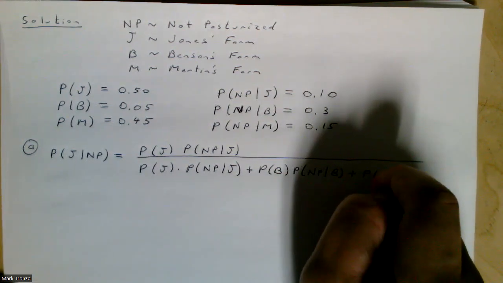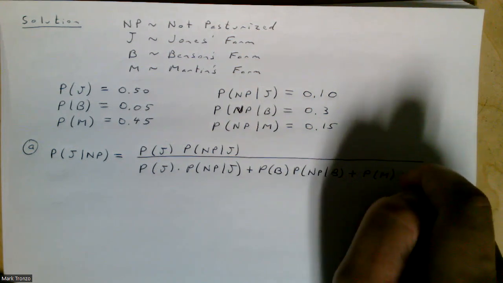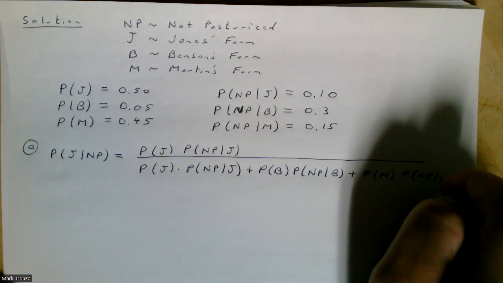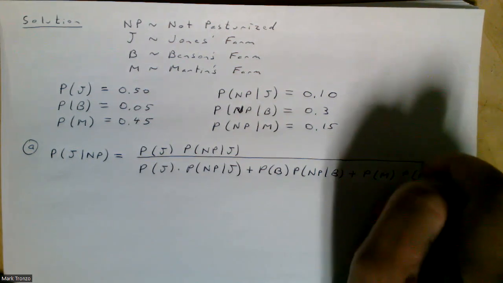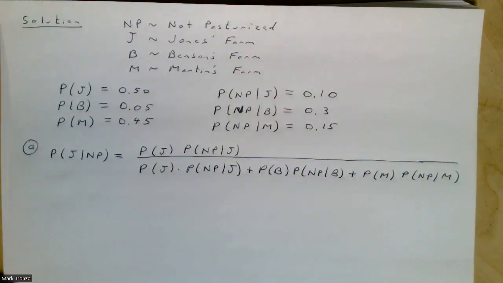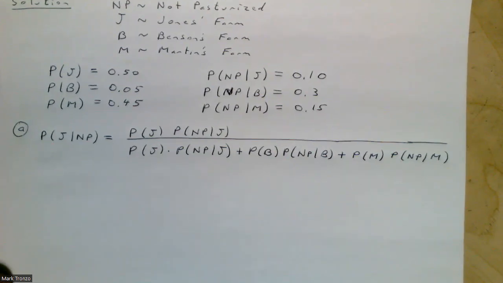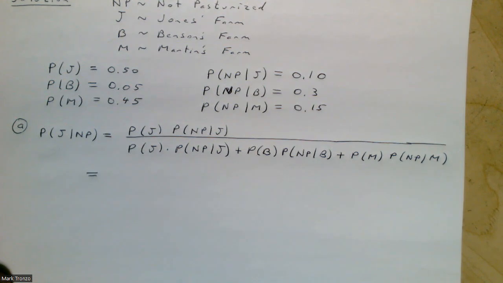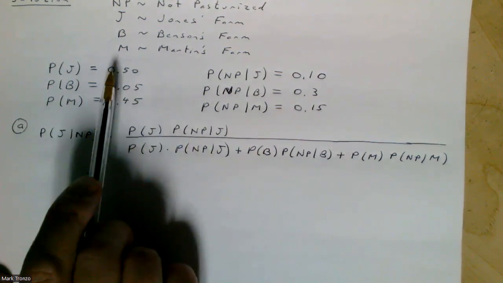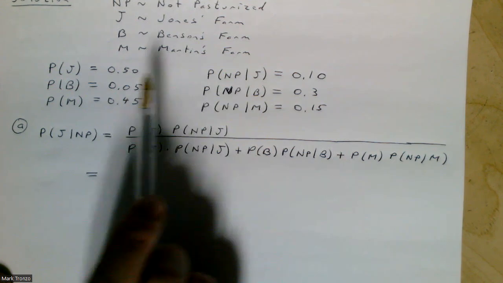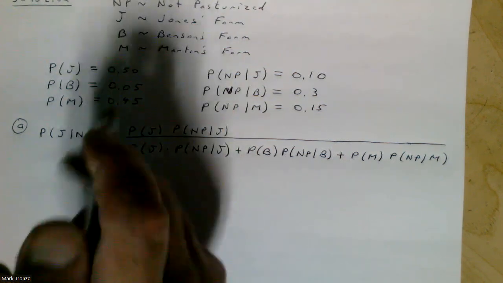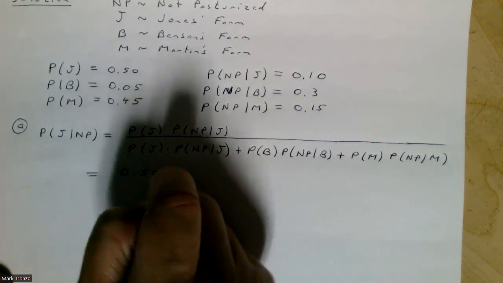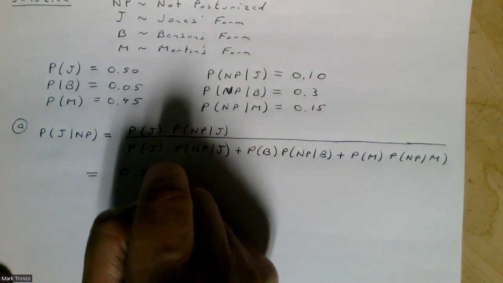Finally, the probability of Martin times probability not pasteurized, given it came from Martin. So again, see, when they're organized this way, we can just take this times that, times this over here.